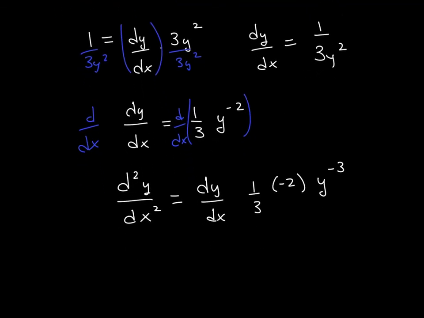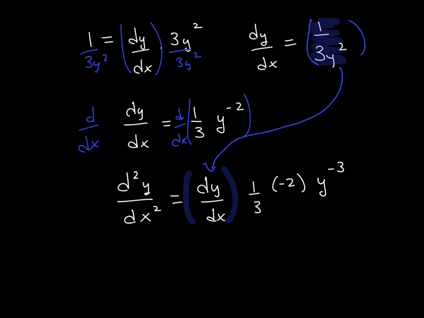And here what I want to go back and use is the substitution that dy/dx is equal to 1 over 3y squared. So I replace all of that with 1 over 3y squared, leaving me with the second derivative of y with respect to x equal to 1 over 3y squared times 1/3 times negative 2.